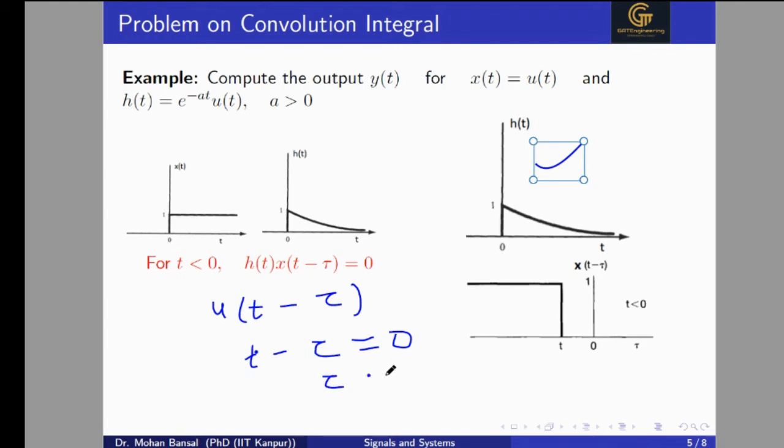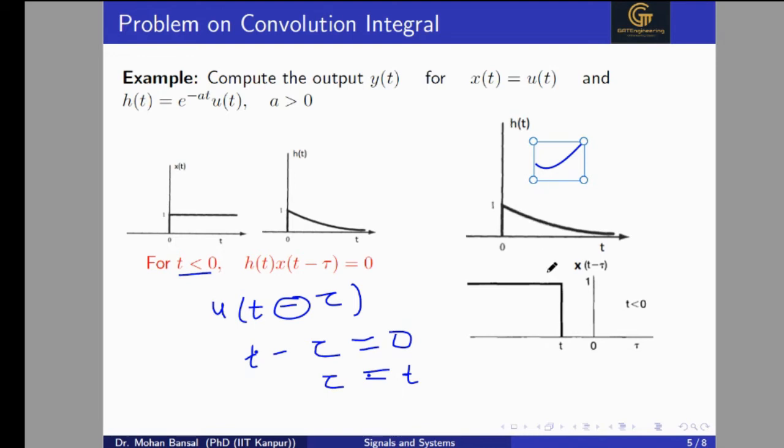So our signal will start from t and go towards the negative side, towards minus infinity. Here it is starting from the negative side because we are considering the case t less than 0, so t will be negative.